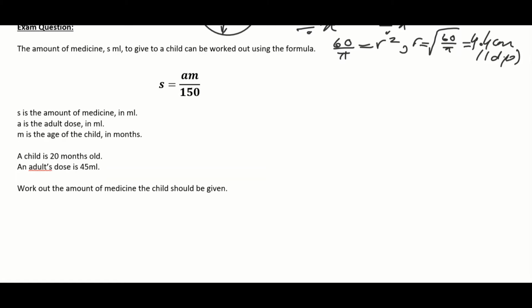Let me write that down. So first of all, let's work out what A is. A is the adult dose and the adult's dose is 45. And then we also know m, which is how old the child is in months, and that is 20.